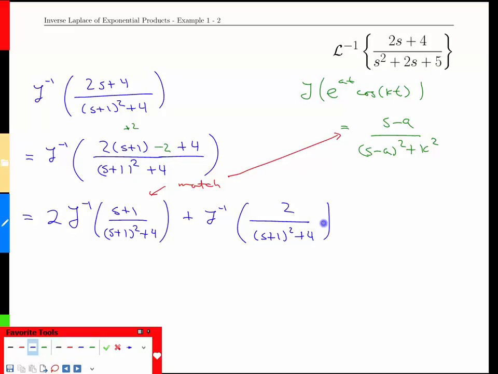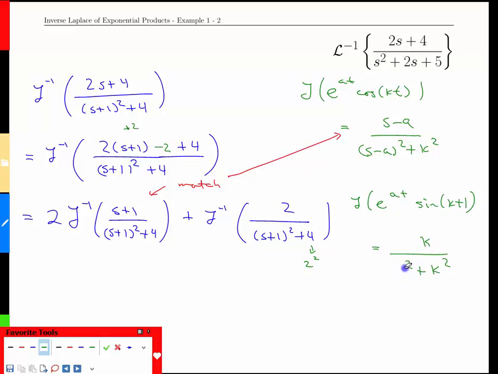And then we ask, well, what would the transform of a sine function look like? The transform of e to the at sine kt, keep in mind the transform of the sine, look it up in your table if it's not completely at your fingertips, is k over s squared plus k squared. And so if we have a 2 squared in the bottom here, which is exactly what we have, we need this 2 on top to have the transform that we're looking for.